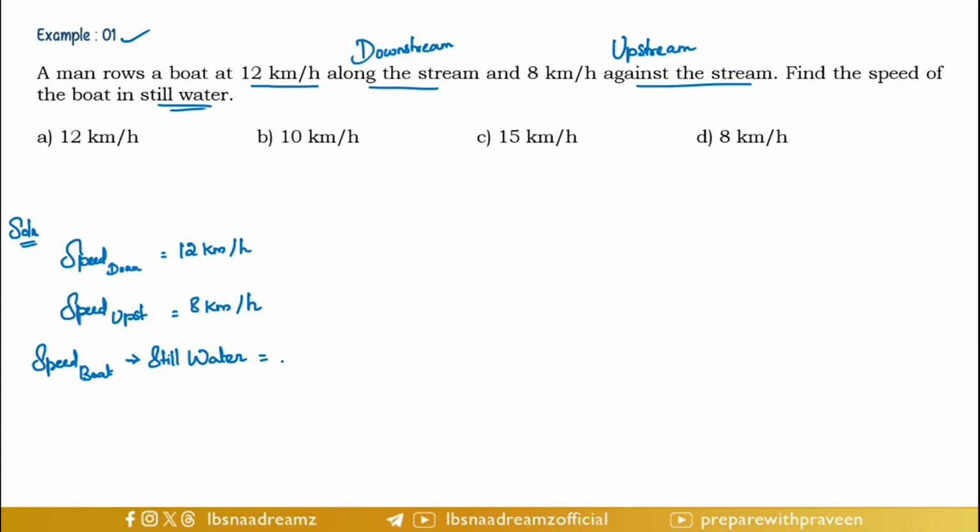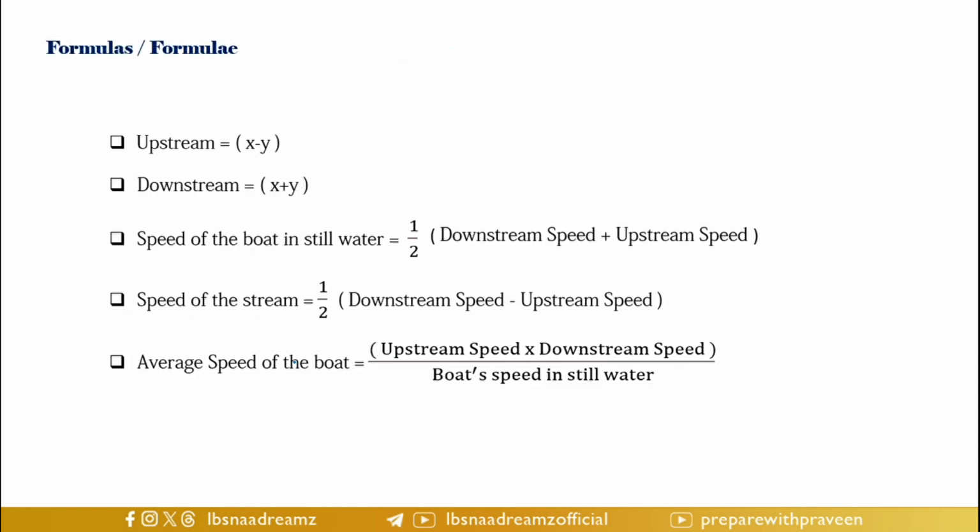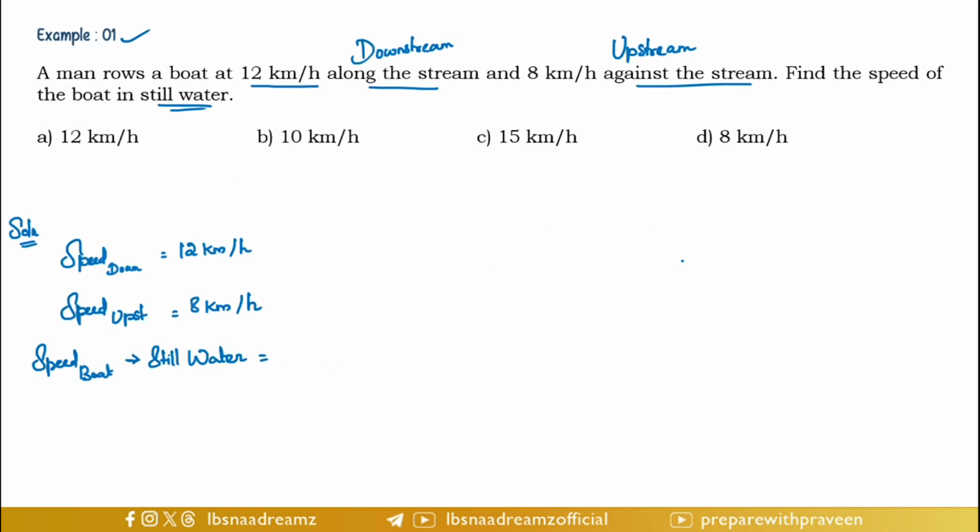So what is the formula? Speed of the boat in still water is equal to 1 by 2 into downstream speed plus upstream speed, is equal to 1 by 2 into downstream speed plus upstream speed.